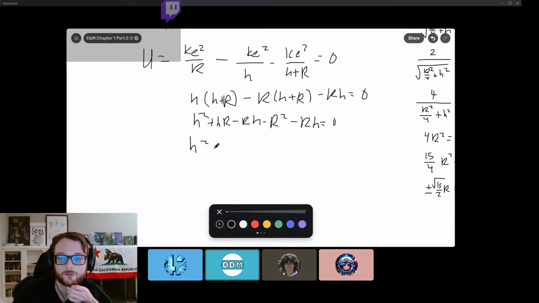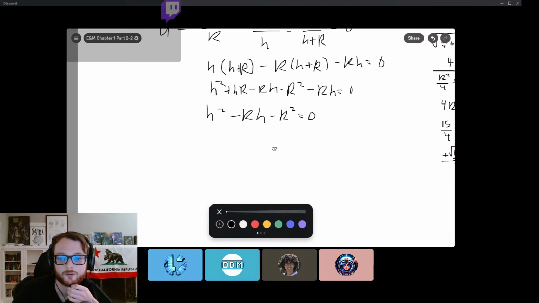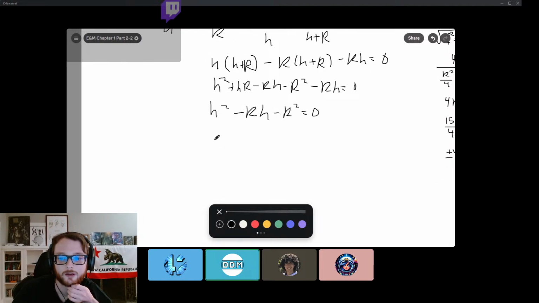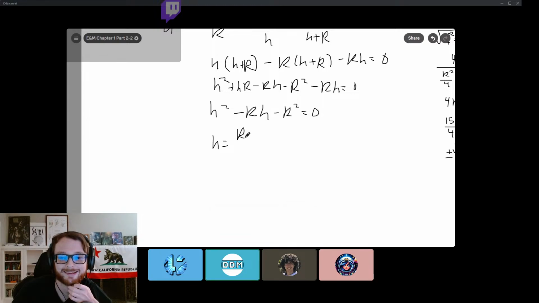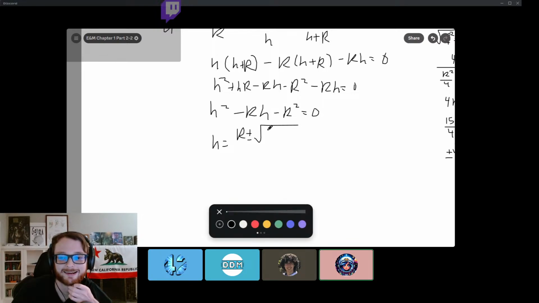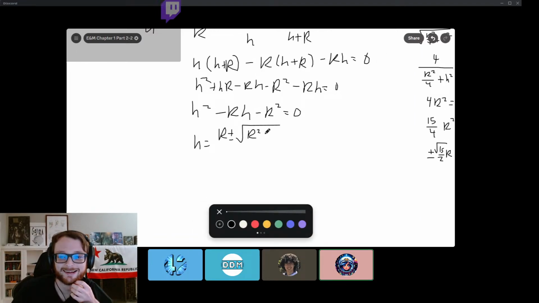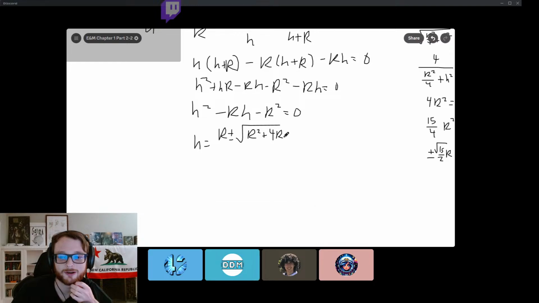Those cancel. Minus RH minus R squared. Complete the square? Maybe. It's something maybe possible. I was just gonna try the quadratic formula. Plus 4R squared.